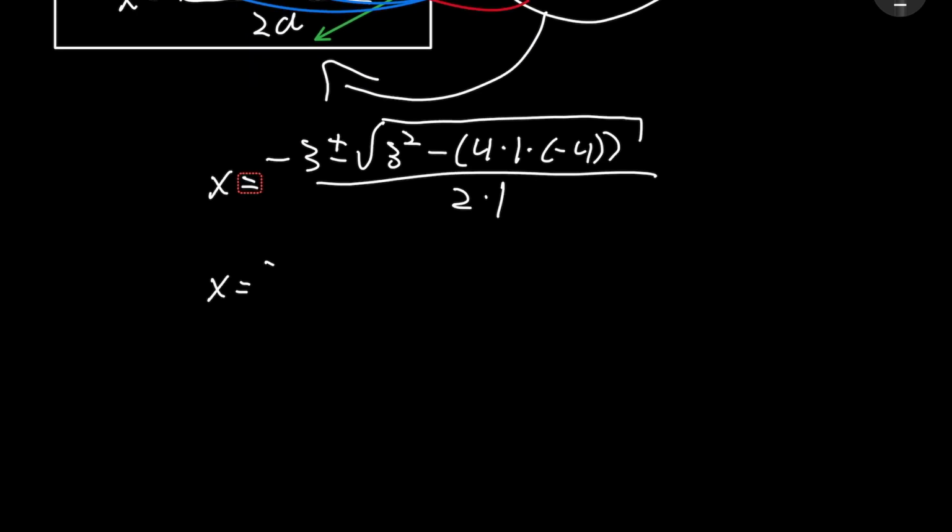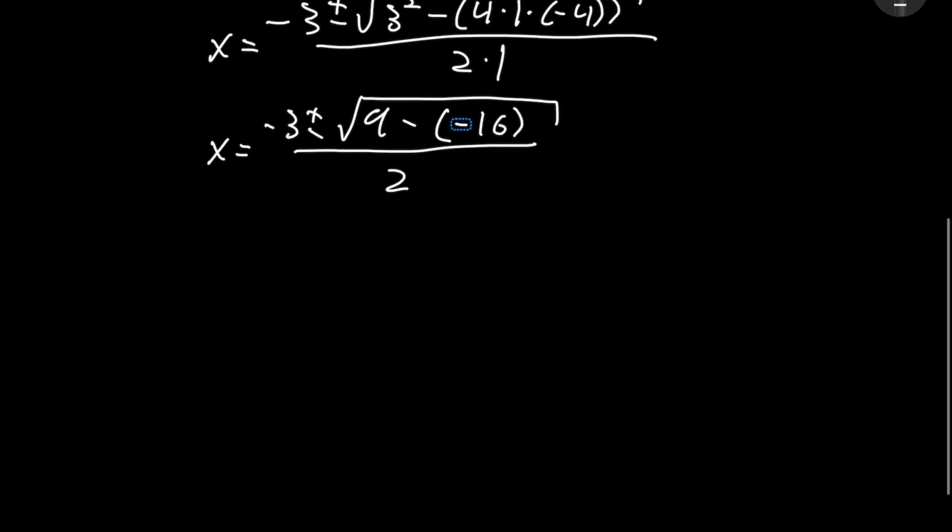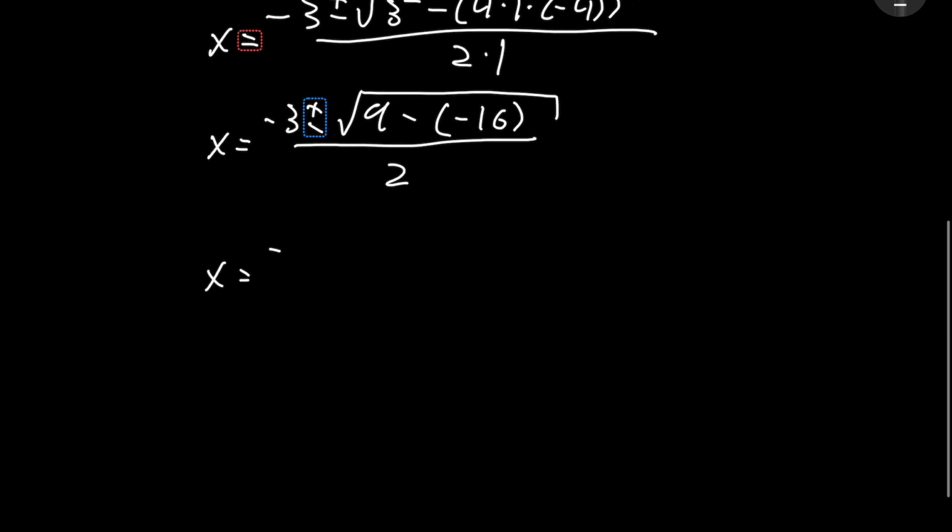x equals -3 plus minus the square root of 3 squared, which is the same as 9, minus 4 times 1 is 1, times -4 is -16, divided by 2 times 1, which is 2. x equals -3 plus minus the square root of 9 minus -16. When you have 2 minus symbols, that's the same as a plus.